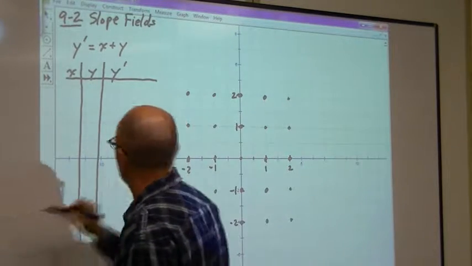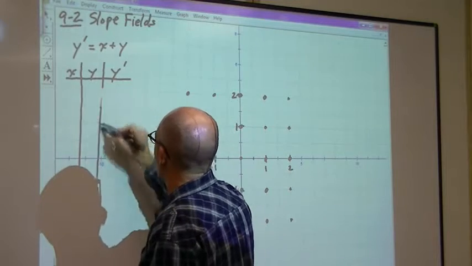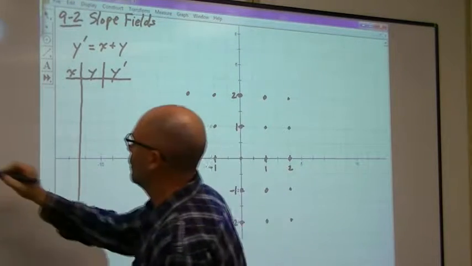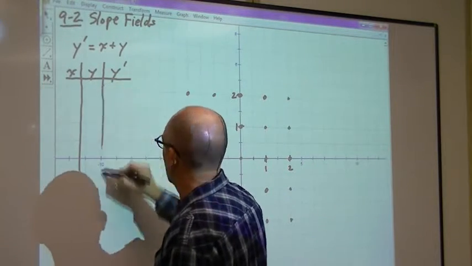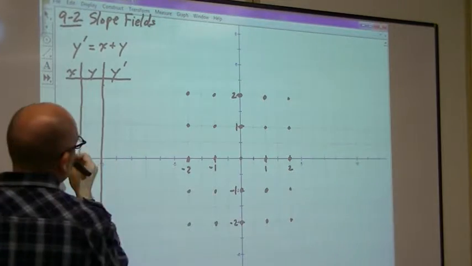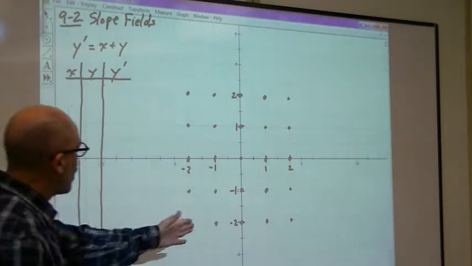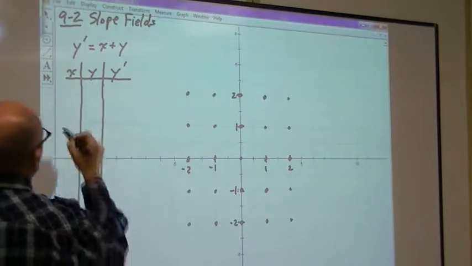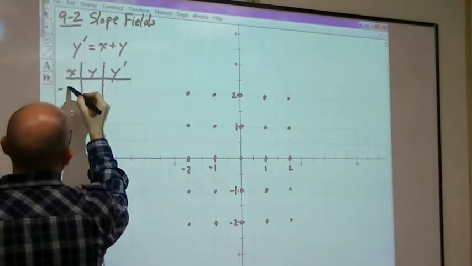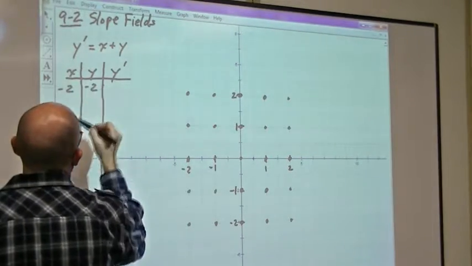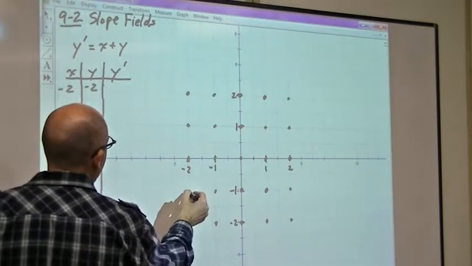Let's start with -2, -2, and then work our way up.